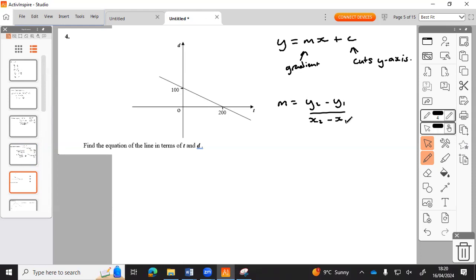Now we need two coordinates on this. It's not immediately obvious where those coordinates are, but we've got 2 points. We've got our first point at 0 and 100, and our second point at 200, 0.